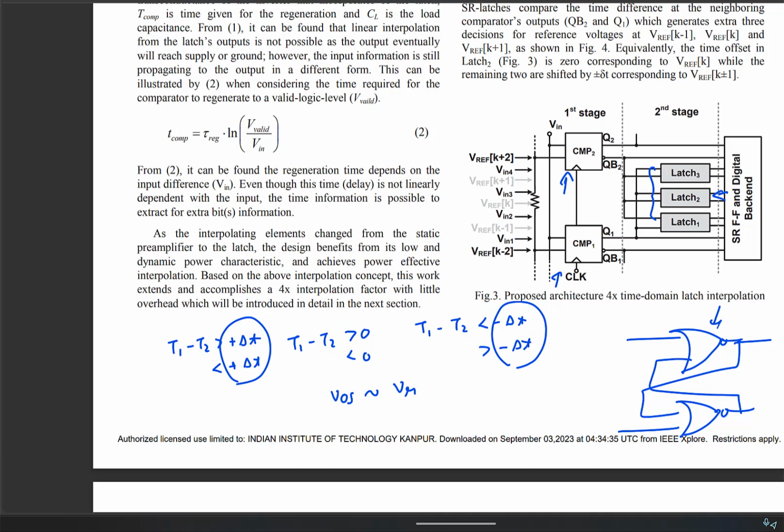Now if both the NOR gates are identical, this will compare if T1 minus T2 is greater than 0. That's what we used. Now you want to compare if it's greater than delta T. So what can you do? You create an imbalance in the 2 NOR gates. That is again introducing an offset in the system so that the signal is not getting compared with 0 but to some other value.